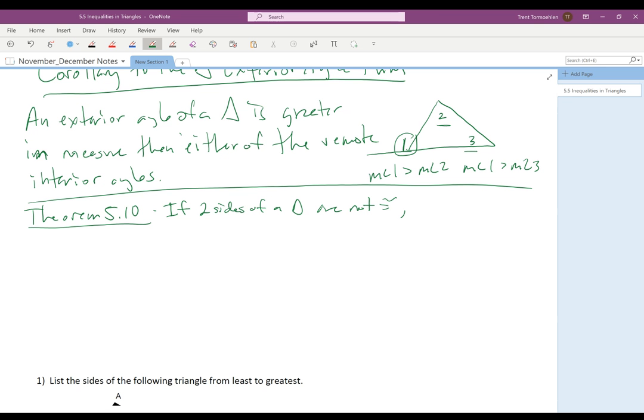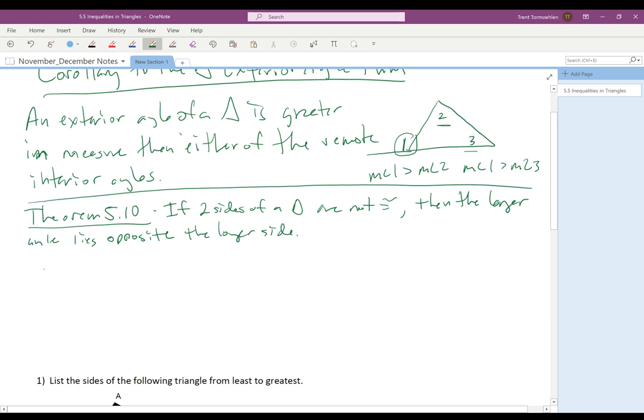And remember, that theorem says opposite angles are also congruent. Well, this one's saying that if they're not congruent, then the larger angle lies opposite the larger side, the longer side. So instead of them being congruent, they're ordered in the same way as the angles.